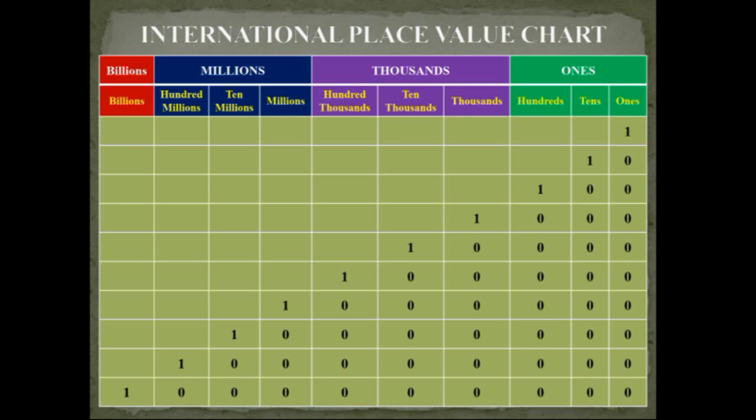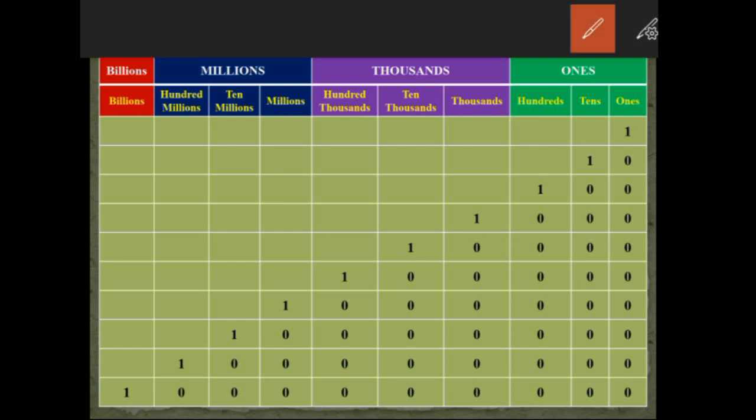Now, if you observe this place value chart, you will see that the ones period includes 3 places, the 1000 period includes 3 places. What did we have in the Indian place value chart? The thousands period had 2 places, that was 1000 and 10,000.